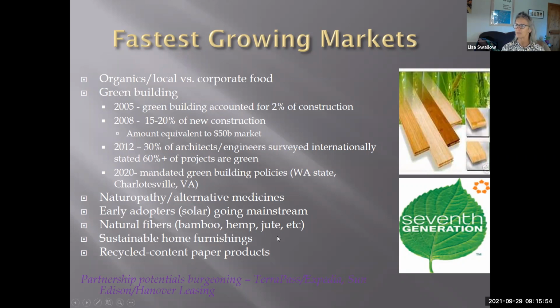Natural fibers, much more of a return to very fast growing plants for our fiber sources. The huge growth in green building, and now it's even mandated in certain places that buildings are energy efficient, come from recycled products, and are sited so that they take advantage of natural light.